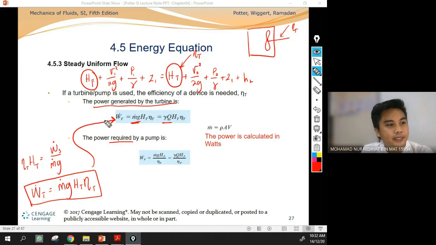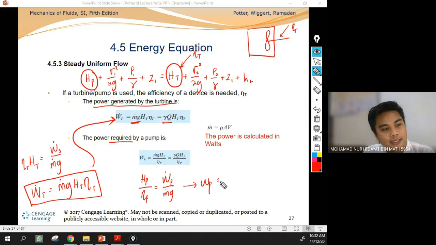So this is HP, the head of pump, and it is divided by the efficiency of pump because it is the input, equal to the work of pump, the same thing, m g. So to get WP, it is m dot g HP over the efficiency of pump.